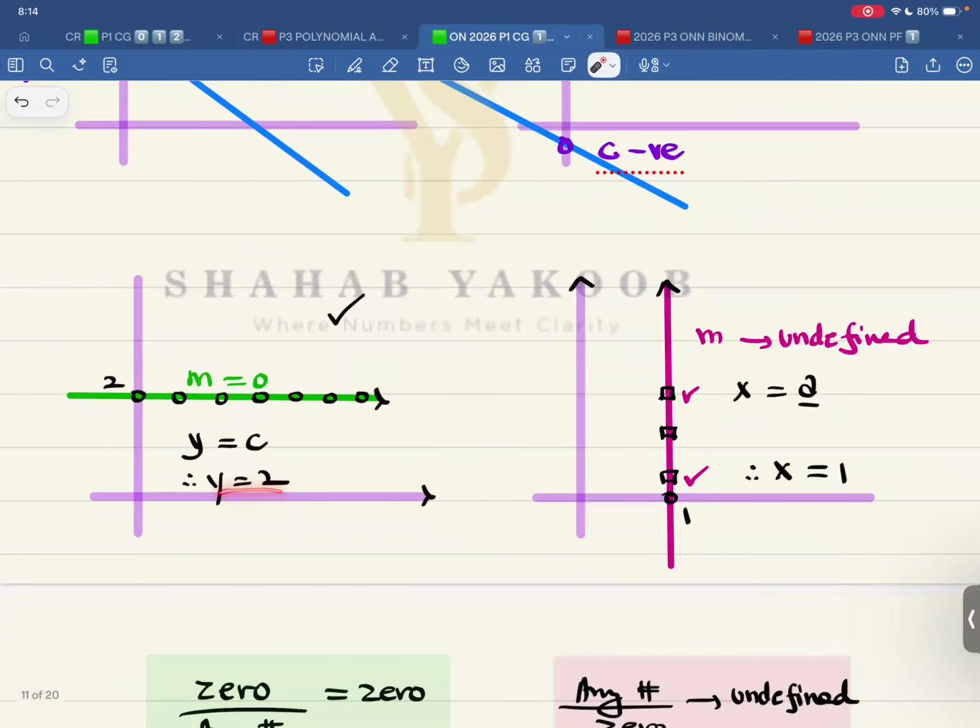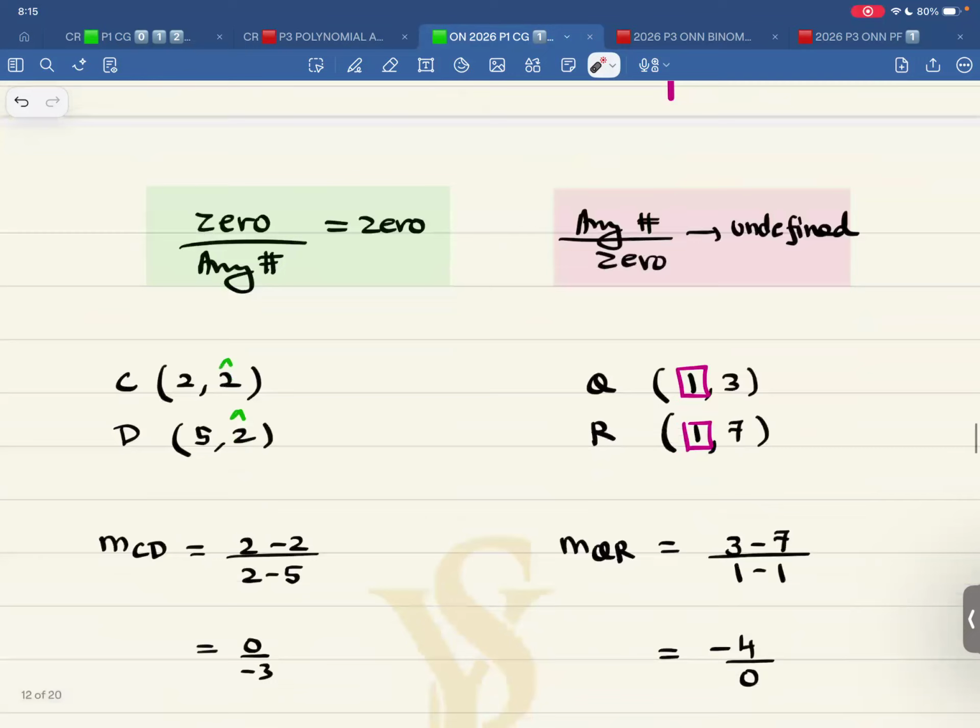Y is equals to 2, a line parallel to x-axis. All along the line, the y-coordinate is 2. Line parallel to y-axis of the form x is equals to a. All along the line, the x-coordinate is 1. Line parallel to x-axis has a 0 slope. Line parallel to y-axis has an undefined gradient.